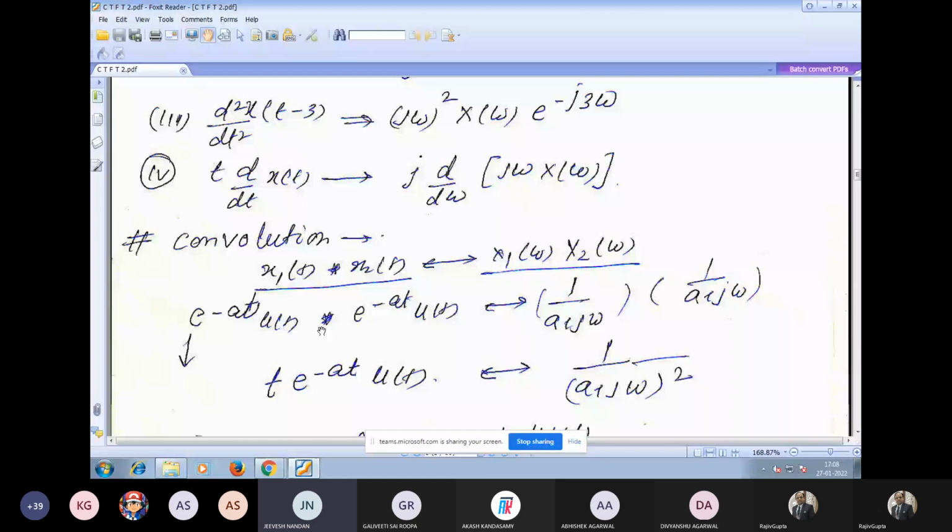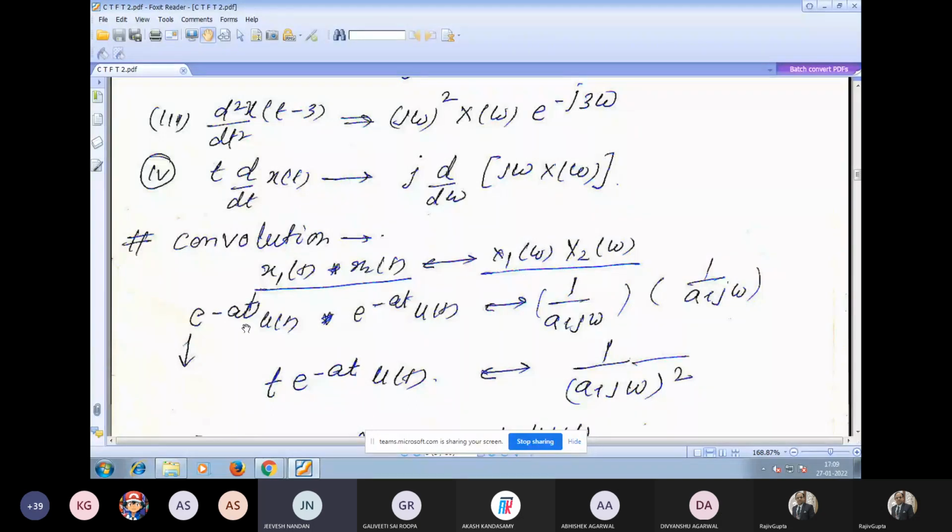But whenever you take the transform of any convolution, there will be a multiplication in the frequency domain. So convolution in the time domain results in multiplication in the frequency domain, that is X1(omega) into X2(omega).